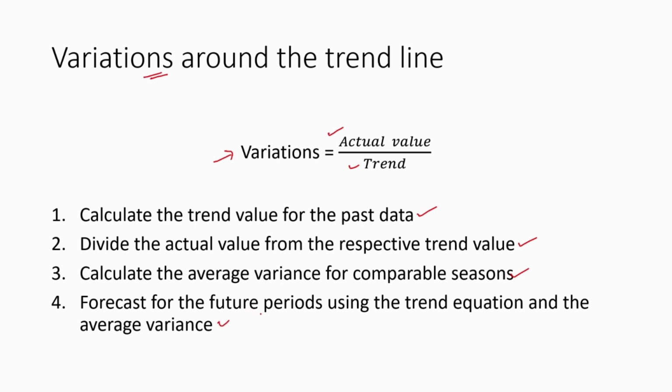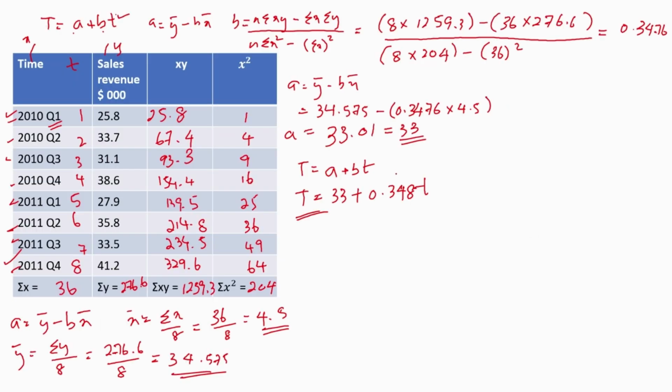Finally, we can forecast for the future periods using the trend equation and the average variance. Let's continue this example. Now that we have found the equation for trend, we can assign the values for each time period and find the trend value for each respective time period. T equals 33 plus 0.348 simple t.